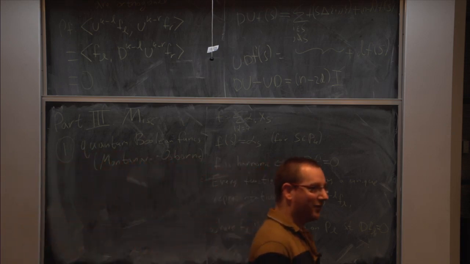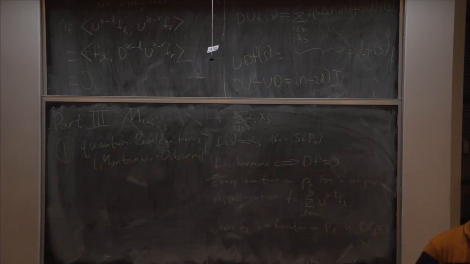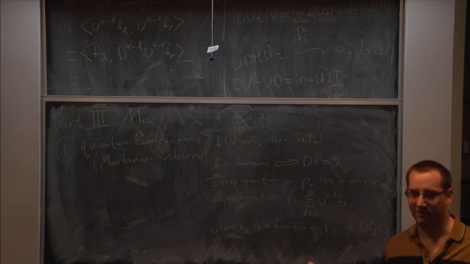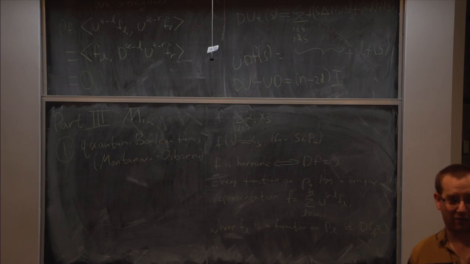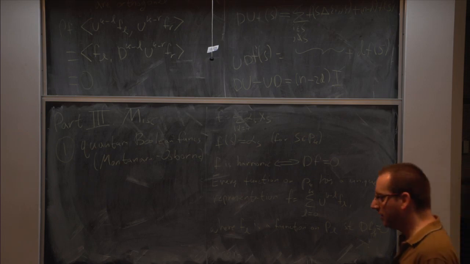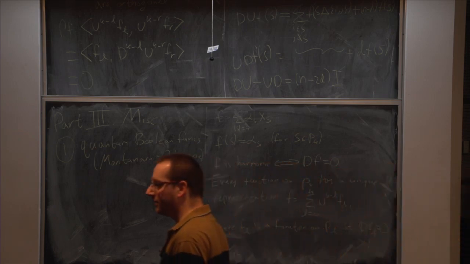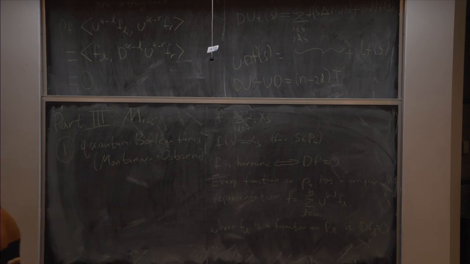Now you can ask, I have this theorem in Boolean function analysis, do I have some analog in the quantum world? First of all, what is the correct analog of a Boolean function? On the Boolean cube, a plus minus 1 valued function f satisfies f squared equals 1. And you can do the same in the quantum world.